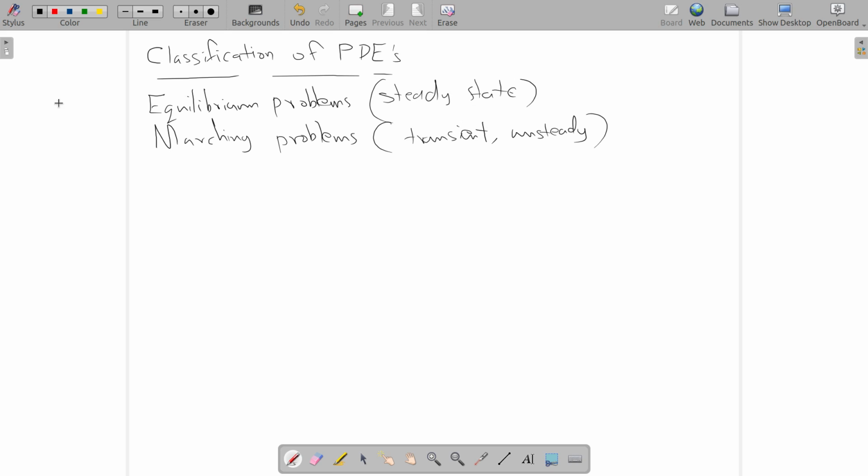Many steady state problems are governed by elliptic equations. So let's start classifying the equations.